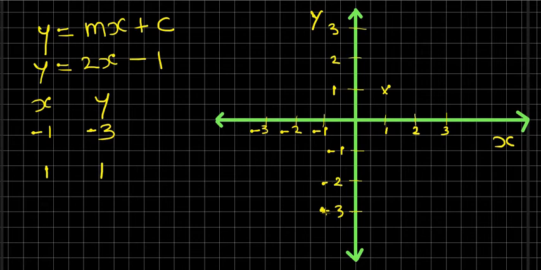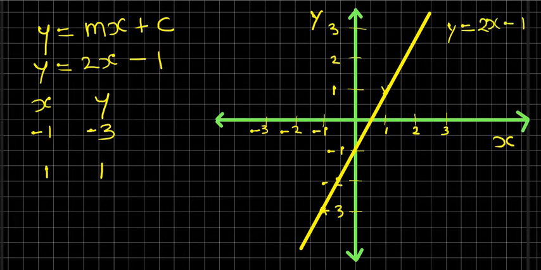We draw our graph, and this is the y equals 2x minus 1 graph. Now as per the graph, our intercept is minus 1 and this is a positively sloped graph.